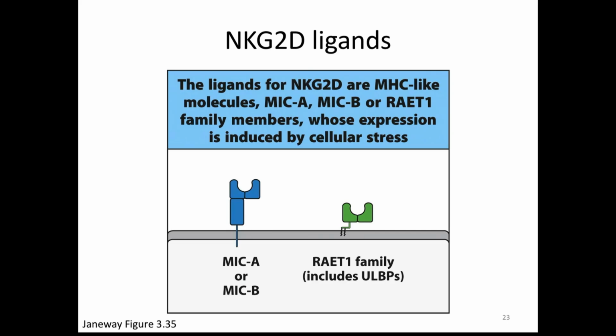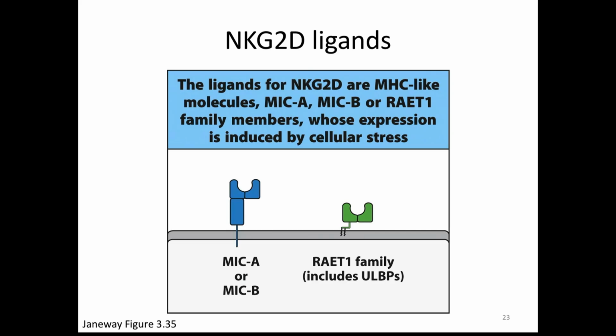So this slide is showing you these proteins that are bound by NKG2D. There's these proteins called the MIC proteins, either MIC-A or MIC-B, and there's also these proteins called the RAE1 proteins. You can see them shown here.